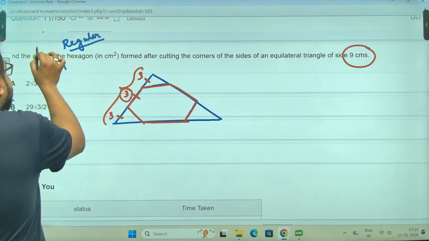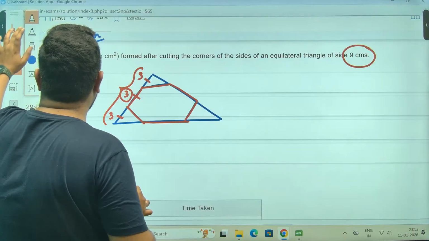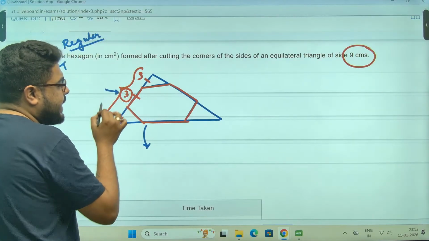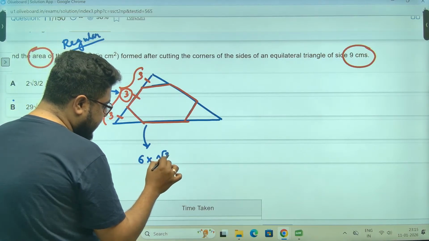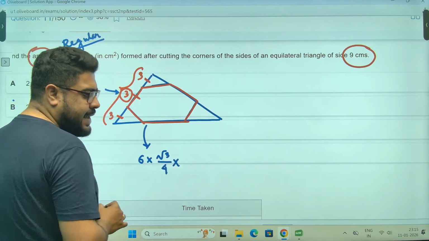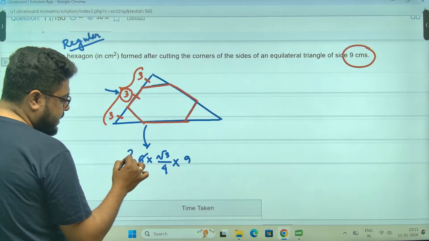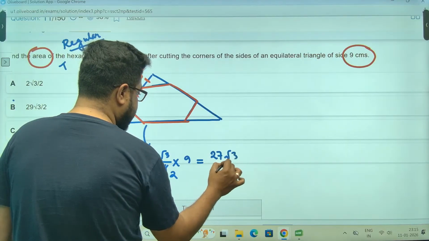They are asking area. It's now very simple, because any hexagon means 6 equilateral triangles, each of its sides 3. So 6 times root 3 divided by 4 into a square. A is 3, square meaning 9. So this will be 3, this is 2. 27 root 3 divided by 2.